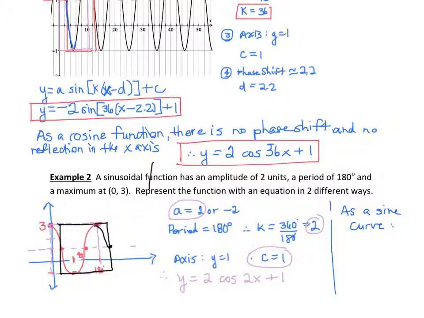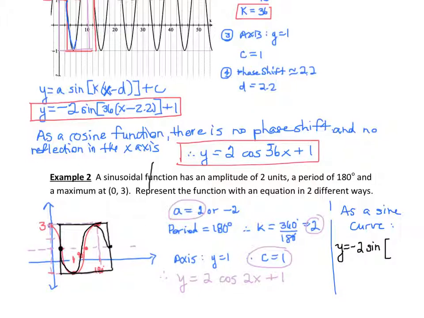Also notice that as the sine curve starting at the first root there, the first point along the axis, we're going down to a minimum first, then increasing. That tells me the a value is also going to be negative. So it'll be y equals -2 sine.